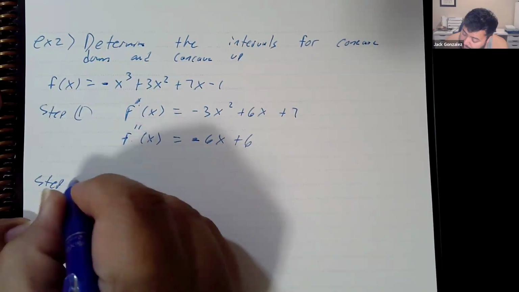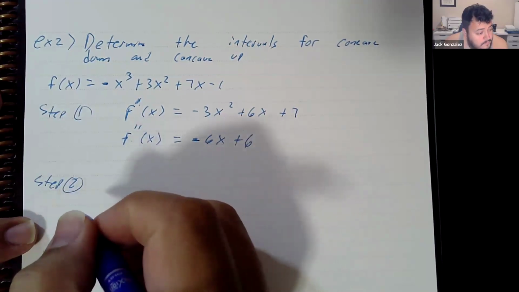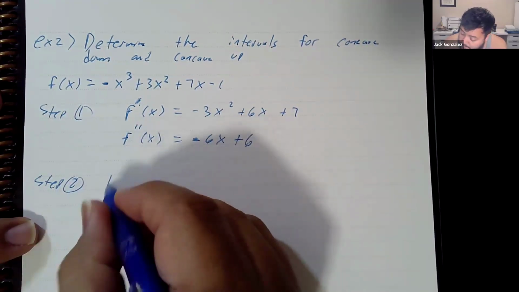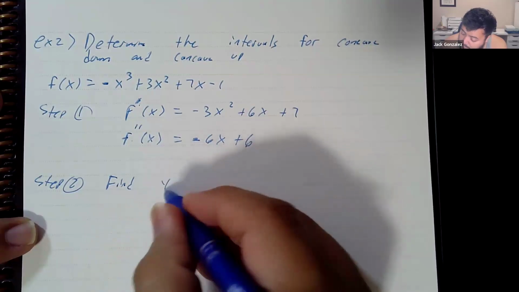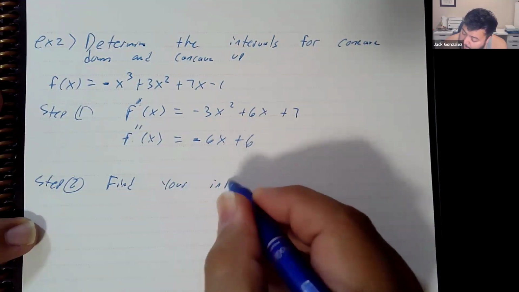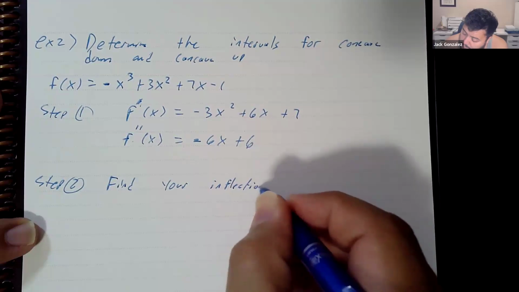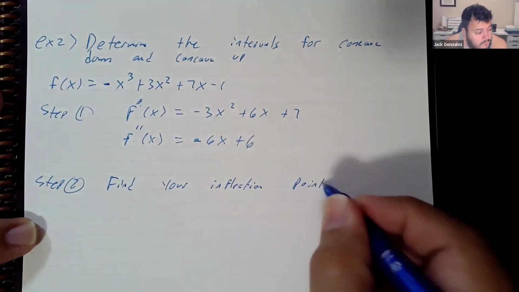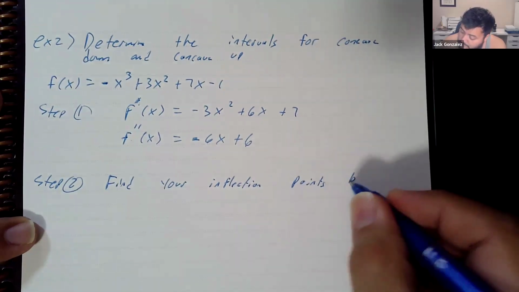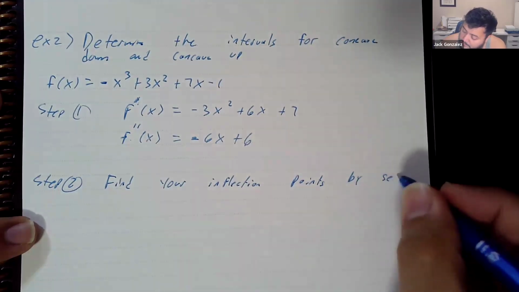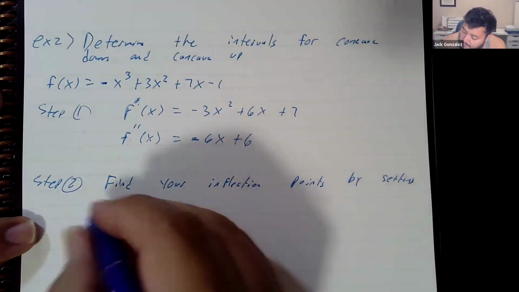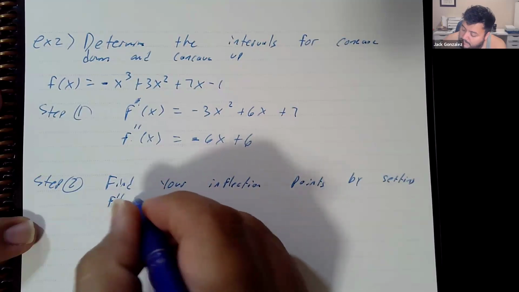Step 2. Find your inflection points by setting the second derivative equal to 0.